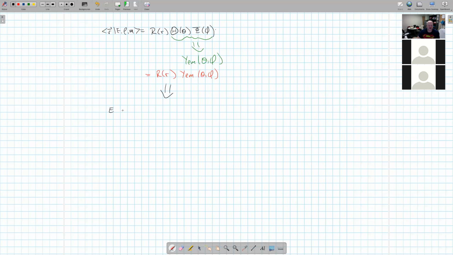Our differential equation then simplifies to E times R of r equals minus h bar squared divided by 2 mu times the second derivative plus 2 over r times the first derivative, plus h bar squared times L times L plus 1 divided by 2 mu r squared, plus V of r, all acting onto R of r. Actually, these guys become full derivatives now because nothing depends on theta or phi. Everything's only r dependent.